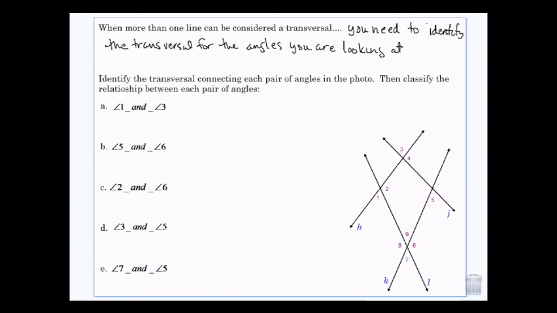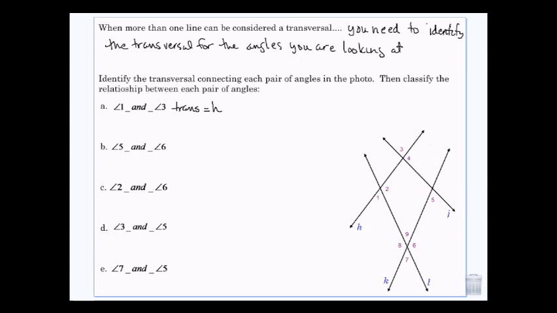So angle 1 and 3, we're here and here. So I have 3 lines, right? The one line that is intersecting the other 2 lines, that's the transversal. So in this case, the transversal is H, right there.